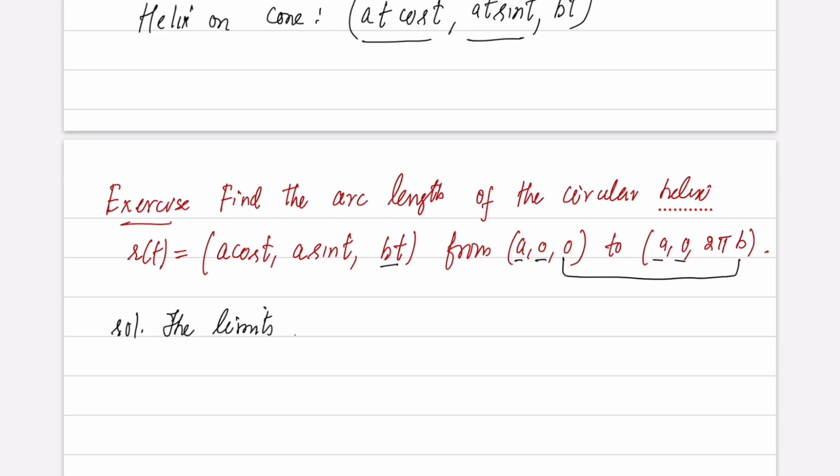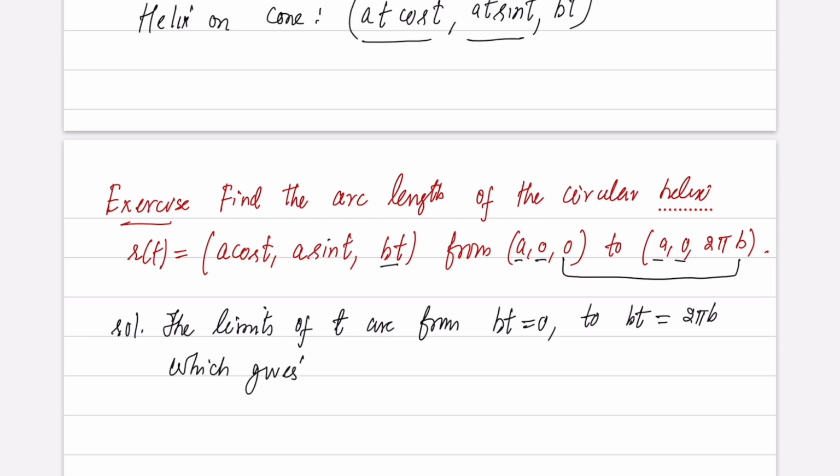The limits of t are from bt equal to 0 to bt equal to 2 pi b. Because the helix is wrapped around the z-axis, the z coordinate varies from 0 to 2 pi b, which gives t equal to 0 to t equal to 2 pi.